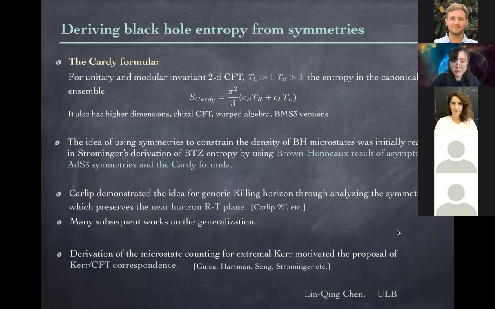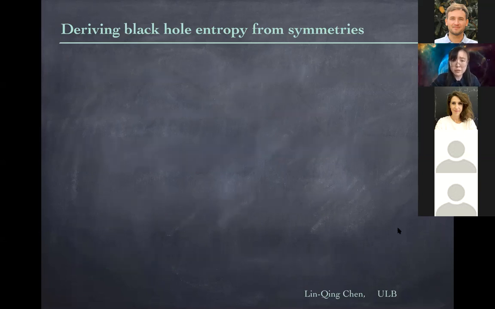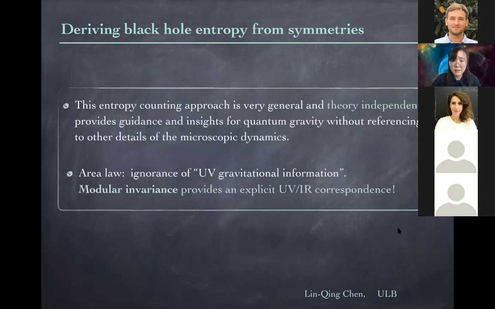So I really personally like this approach. The reason is that it is very general and theory independent. It doesn't depend on which particular quantum gravity theory we are using, but it provides guidance and insights for quantum gravity.